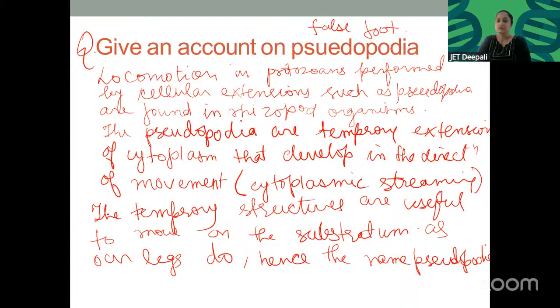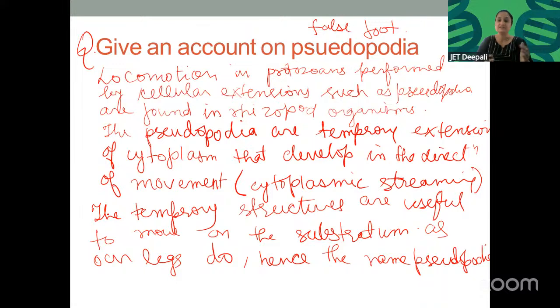All these organisms have pseudopodial movement. So the pseudopodia are temporary extensions of cytoplasm, meaning cytoplasmic streaming. Wherever they have to make pseudopodia, their cytoplasm moves to that area and they make a pseudopodium, a false foot. It is a temporary arrangement. They are single-celled organisms and whatever is filled inside is just cytoplasm.